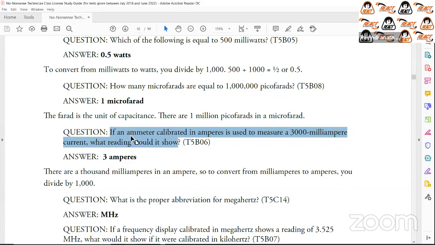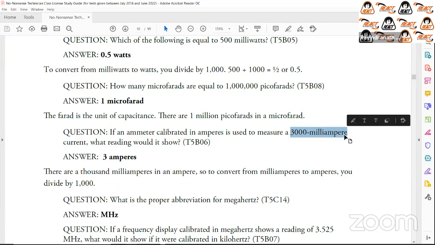If an ammeter calibrated in amperes is used to measure 3,000 milliampere current, what reading would it show? So we are looking at 3,000 milliamperes and we want to convert it to amperes.